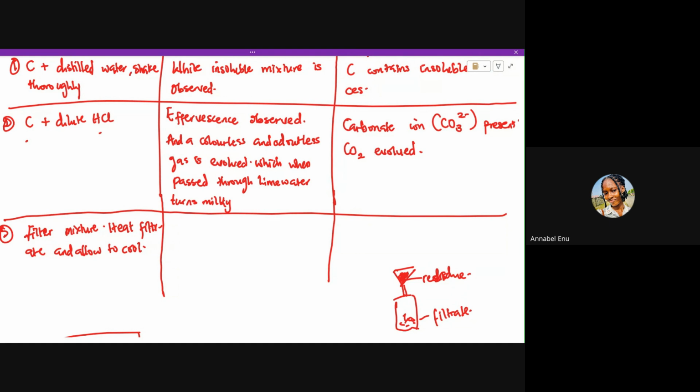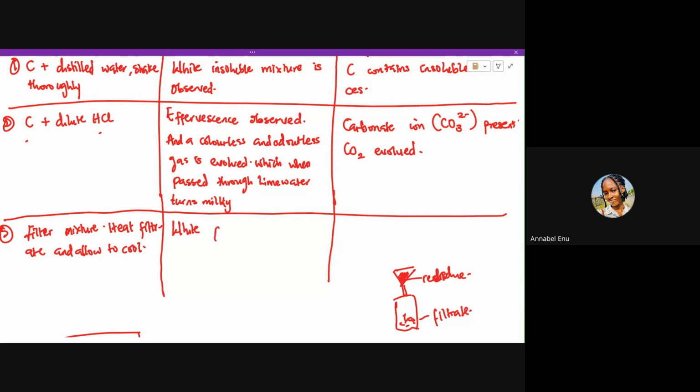So that filtrate is what we are going to heat. Now when we heat the filtrate and we cool it, on heating, the white precipitate will dissolve, mingled everywhere, and then it will reappear, settling down at the bottom again after cooling.